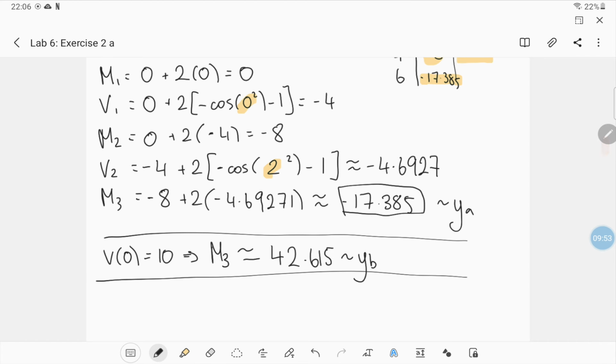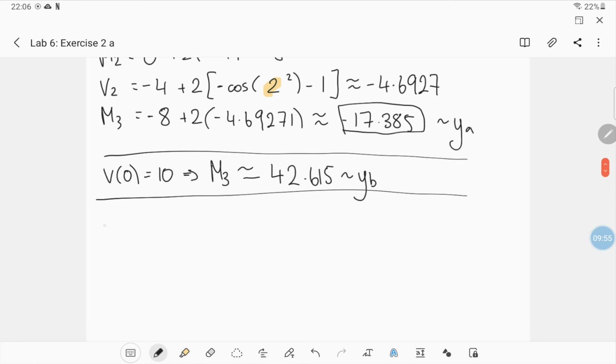So let's use our formula. Now I'll try and use it off the top of my head here. v0 is equal to the bottom one plus a proportion of the, let me see now, is it the right formula?